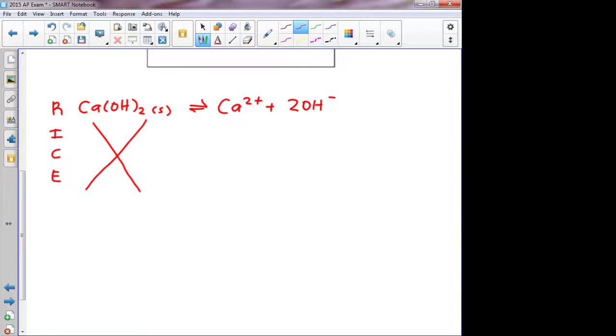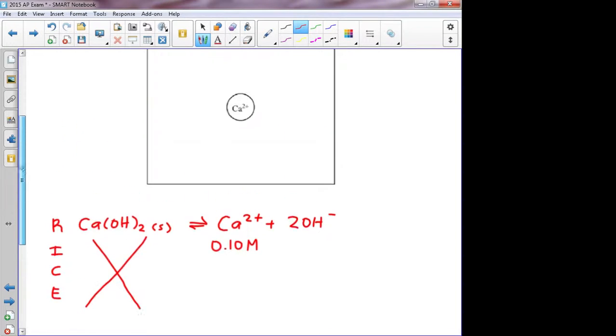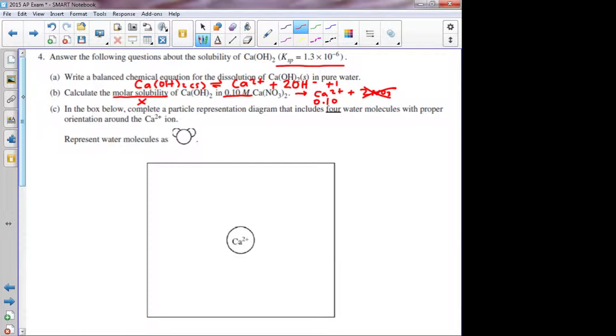What's my initial concentration of Ca2 positive? 0.10 molar. Why do I have an initial concentration of Ca2 positive? Because I put it in a calcium nitrate solution, so I'm already starting with some Ca2 positive.